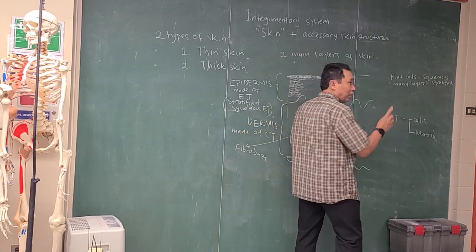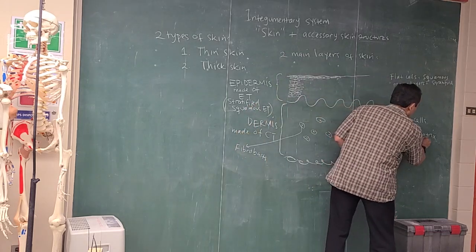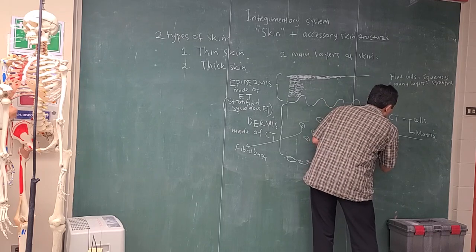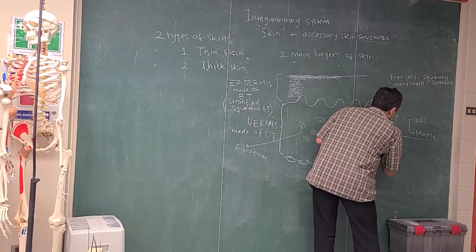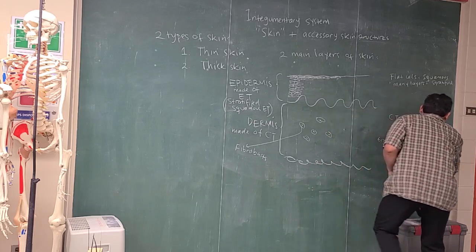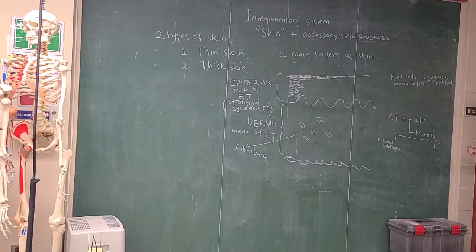And the matrix of the CT consists of two types. The first one is called the ground substances, and the other one is called fibers. Ground substances and fiber.